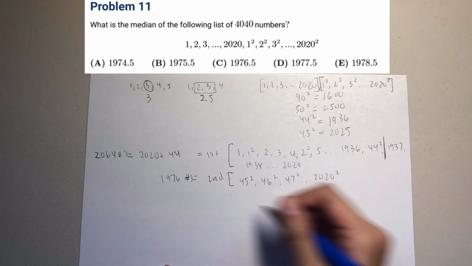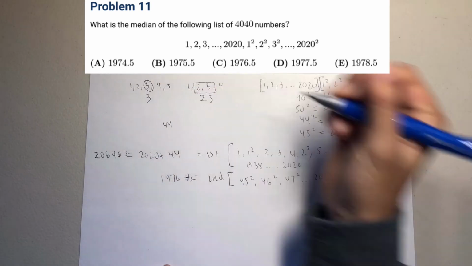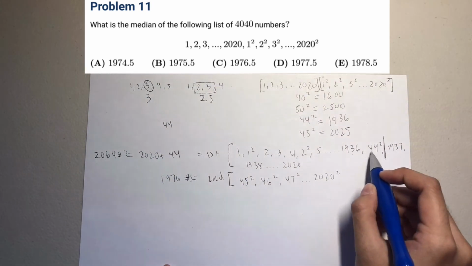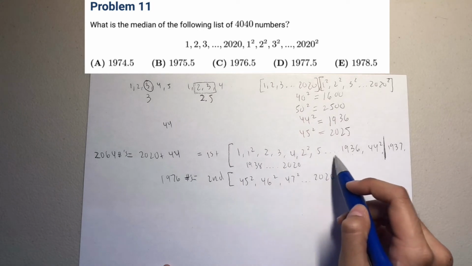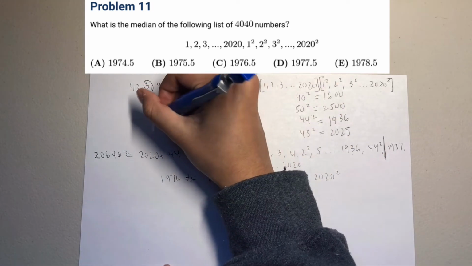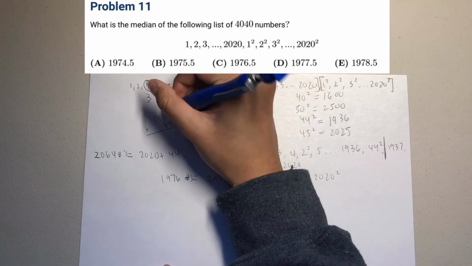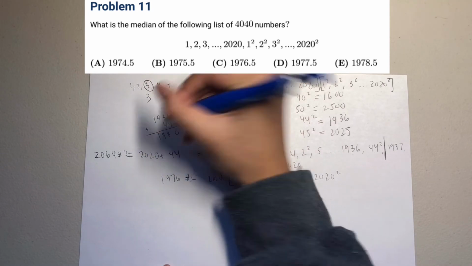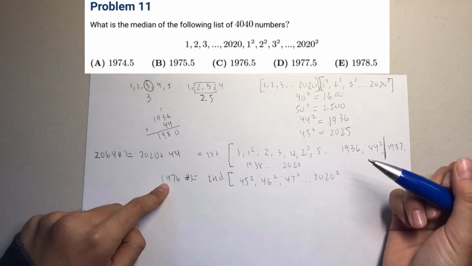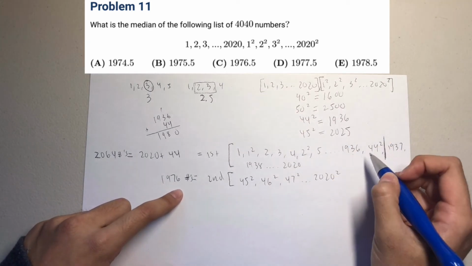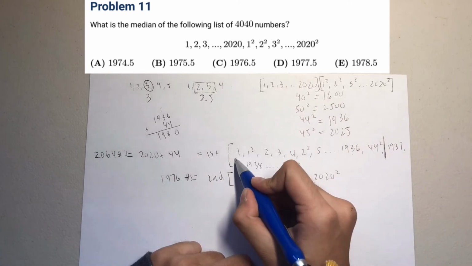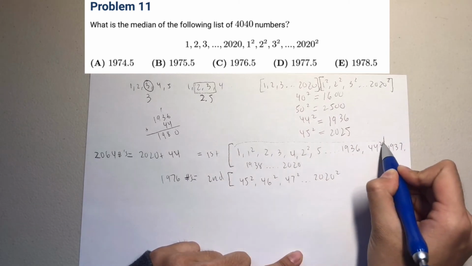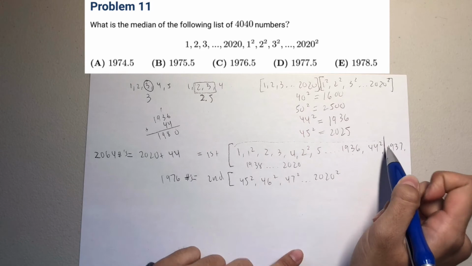So there would be 44, because 1 squared, 2 squared, 3 squared, all the way to 44 squared, and then 1, 2, 3, 4, 5, 6, all the way to 1936. So that actually got us pretty close to the first 1976. We have the first 1980 numbers. So this part right here, there are 1980 numbers here.